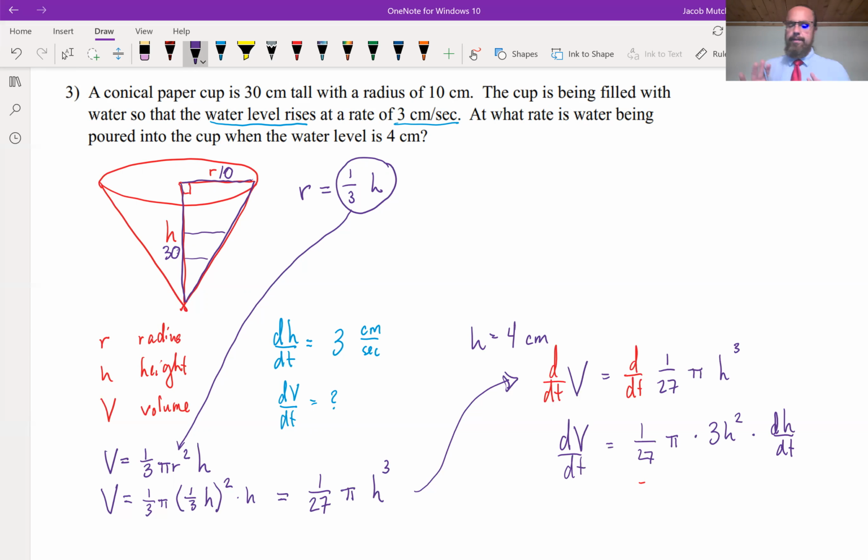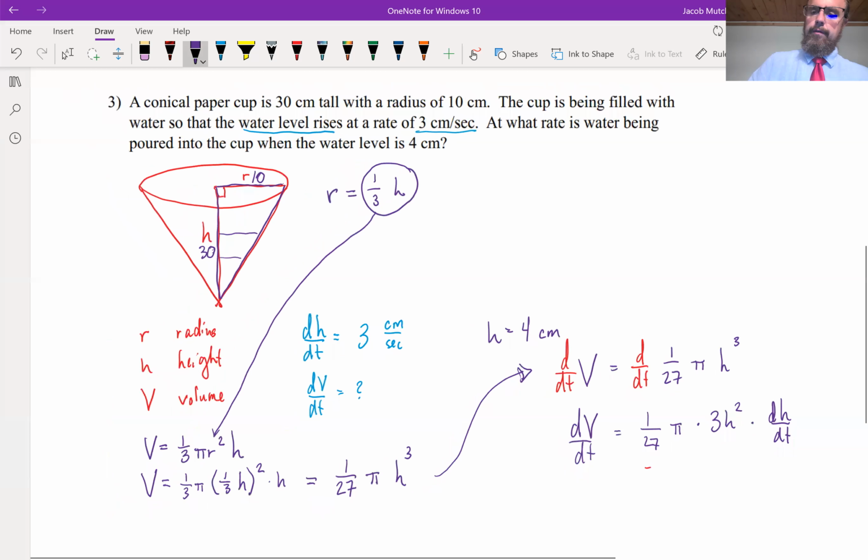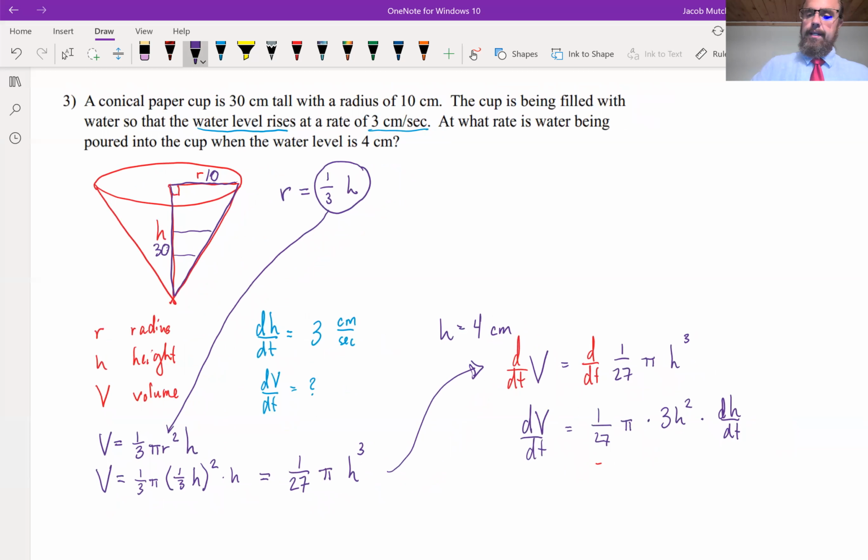So now we've taken the derivative, I'm ready to substitute in values for the height and for dh/dt. So my next step would be 1/27 pi times 3, and I've got h for my specific value of 4.